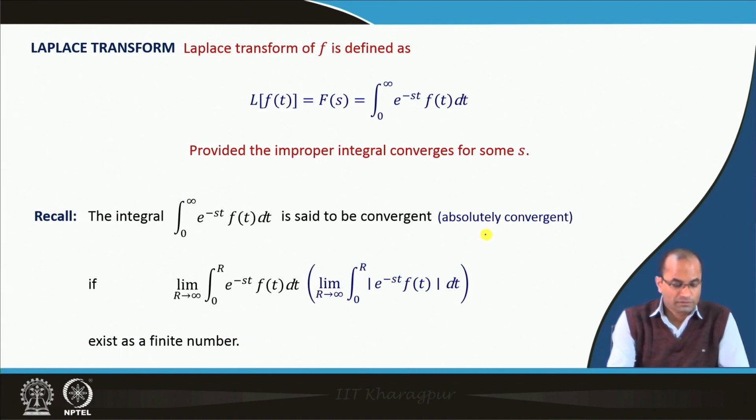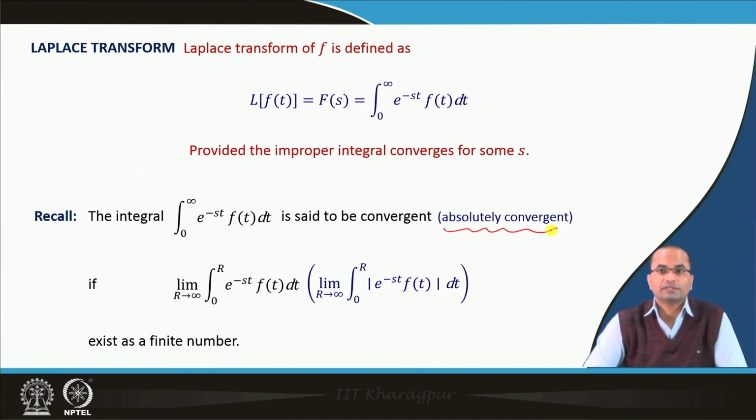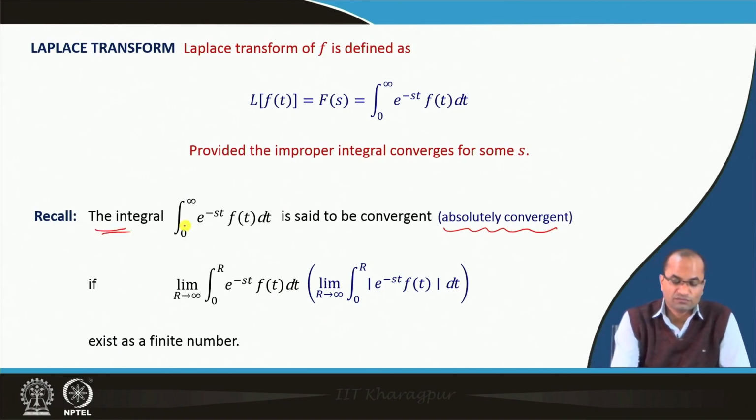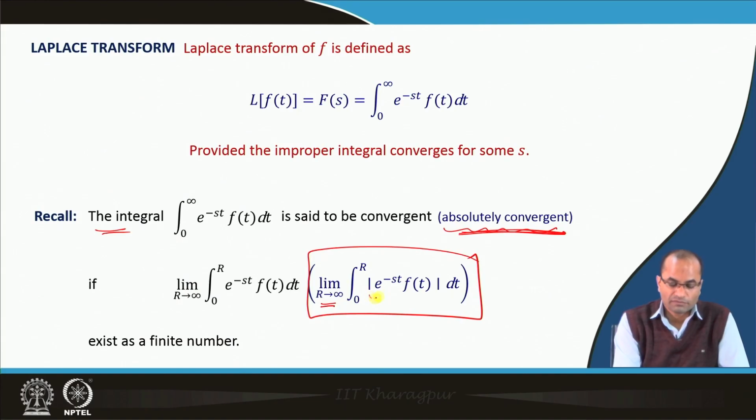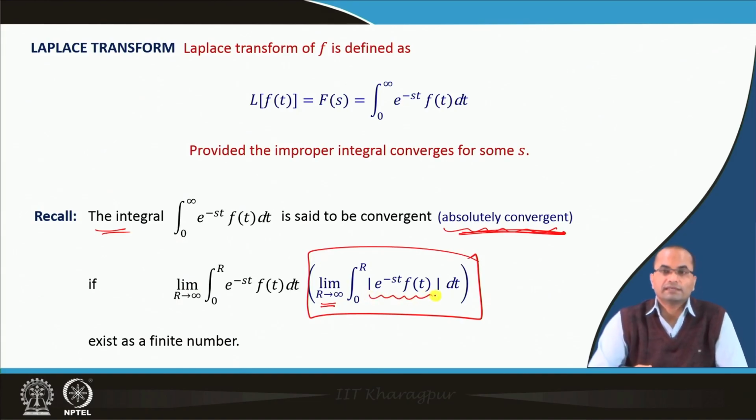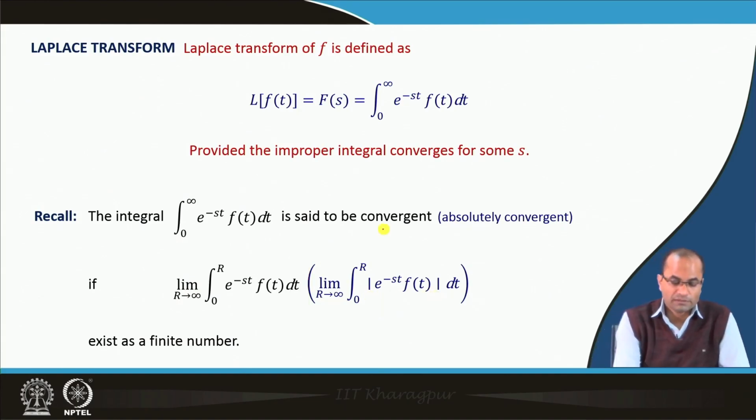There is another definition which we use for absolute convergence. This integral converges absolutely when we have this limit, r to infinity, with the absolute value of the integrand. What is the difference between simple convergence and absolute convergence?